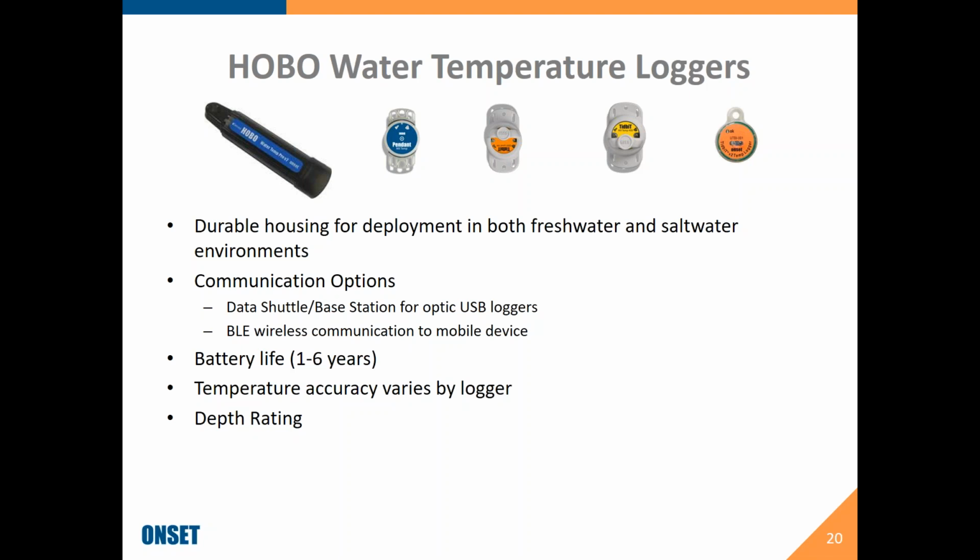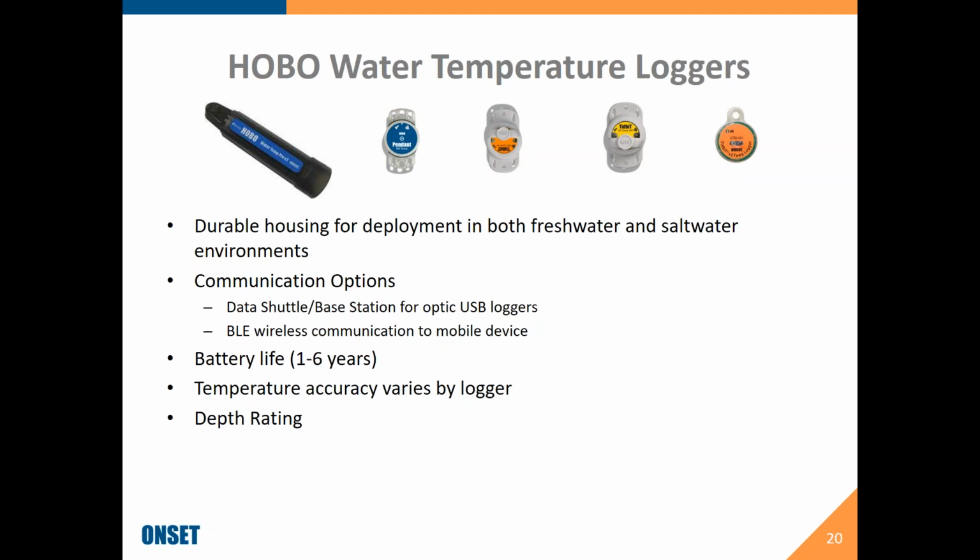Another thing you want to take into consideration is where this is going to be deployed. Is this going to be just under the surface of the water, or is this going to be a deep ocean deployment? Because the deeper the water obviously means that there's higher pressure. So a good example is the logger on the very end, the Tidbit V2, that's actually encased in an epoxy, so that can handle high pressures, which means it can go deeper into the water.